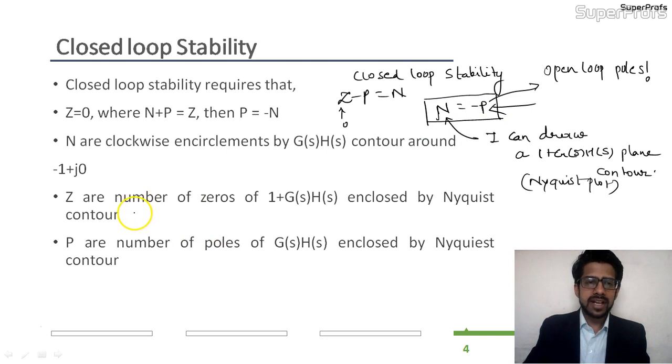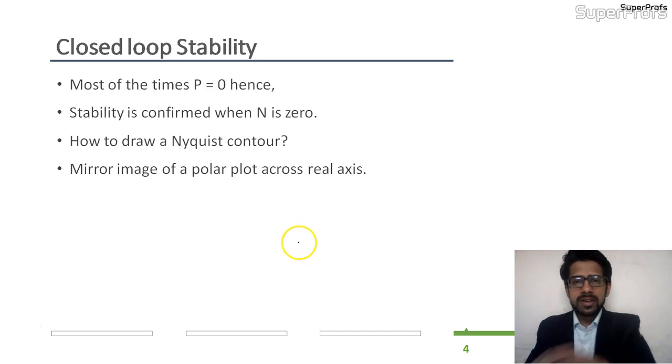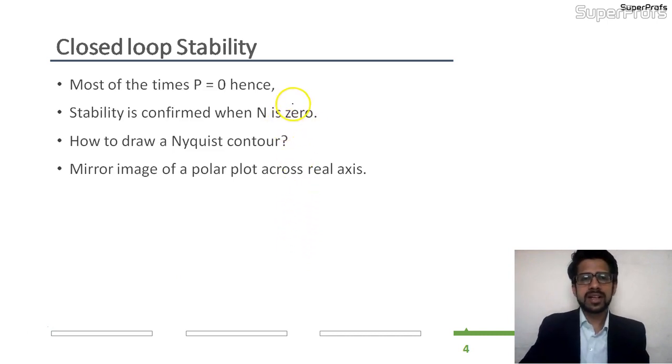As I already described, Z are the number of zeros of 1 plus G(s)H(s) enclosed by Nyquist contour, and P are poles. Let us look forward and see what are further criteria for closed loop stability. Most of the times P will also be 0. So there will be no open loop poles also which will be lying on the right hand side of S-plane.